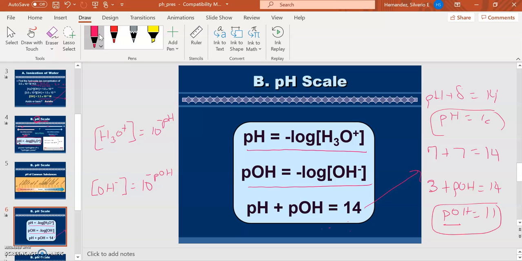If they gave me a pH, I could use 10 to the negative of that value to find the concentration of the hydronium ion. Okay, so that's going to be it for this little piece. The next little video I'm going to make is just about solving problems using these equations.